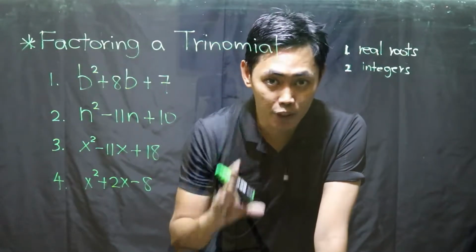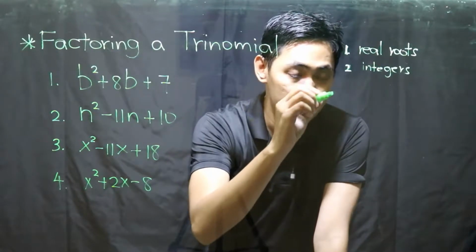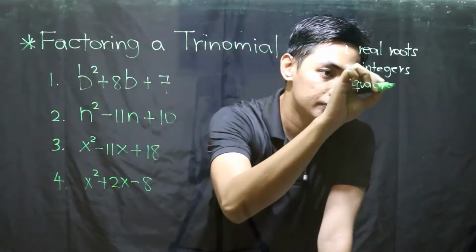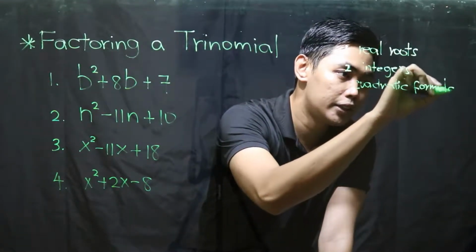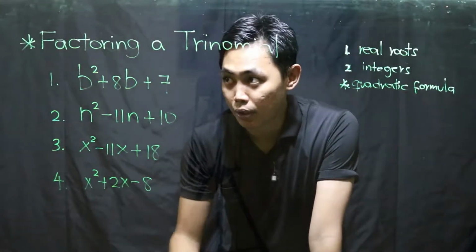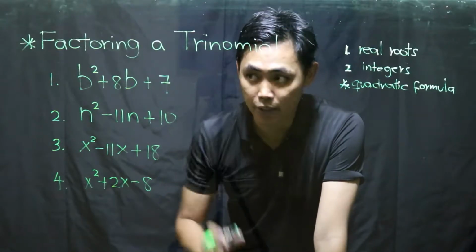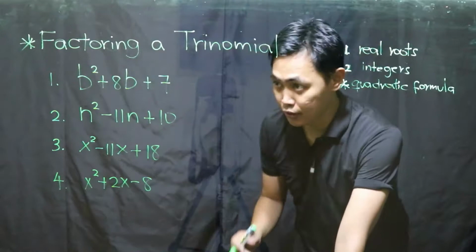But if you have fractional factors, you can use the quadratic formula. But this topic I will teach you in another video. We will just focus on the most basic plain factoring of a trinomial. Okay, so let's dive into it.